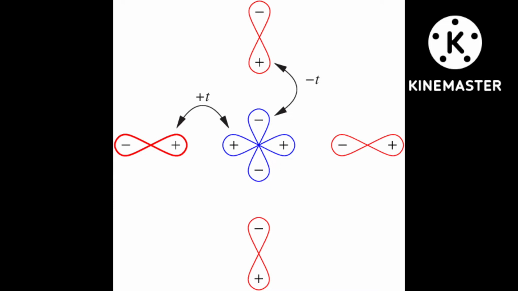sp3 hybrid orbitals. What are the main characteristics of hybridization? That means the salient features of hybridization.